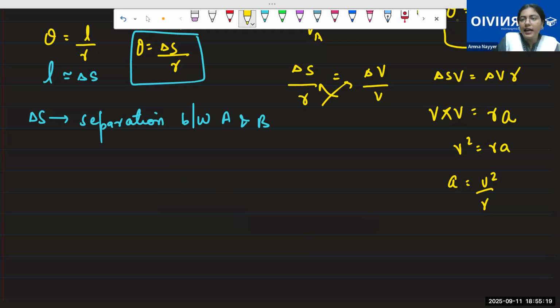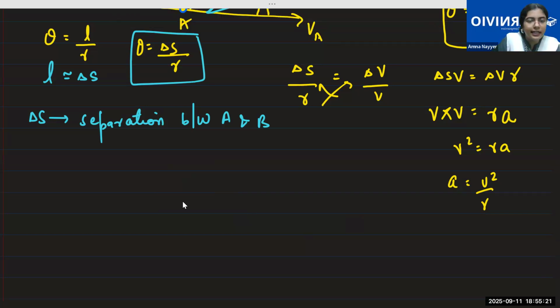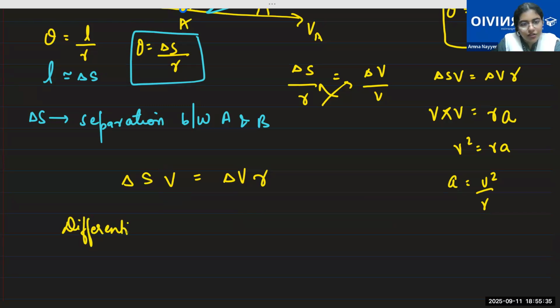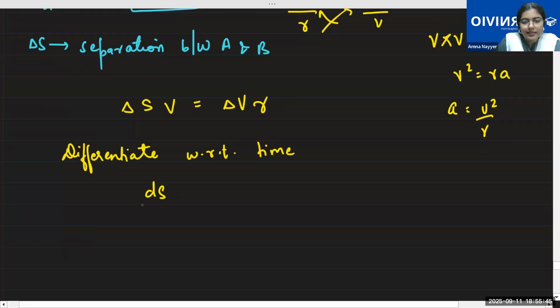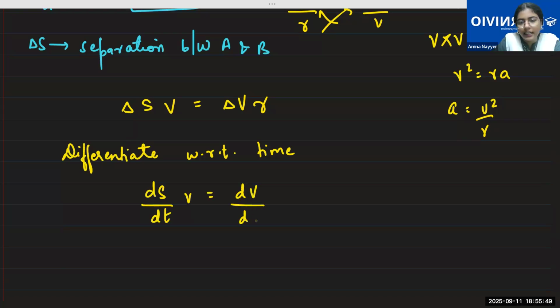The equation that we have is delta S into V is equal to delta V into R. If I differentiate it with respect to time, I get ds over dt into v is equal to dv over dt into r. That's what we discussed yesterday.